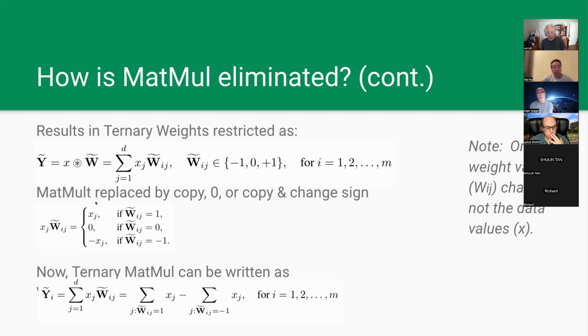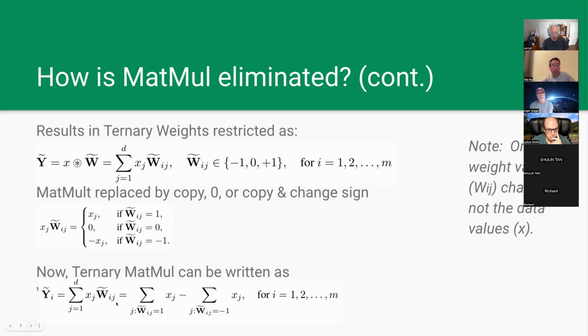Then they essentially end up with, anytime you have x times some weight, if it's 1, it just becomes x sub j. So the first case, it's 0 if it's this one, and it's just the negative if it's the other one. So it's kind of interesting how simplistic it is, if you will, on how they're doing it.